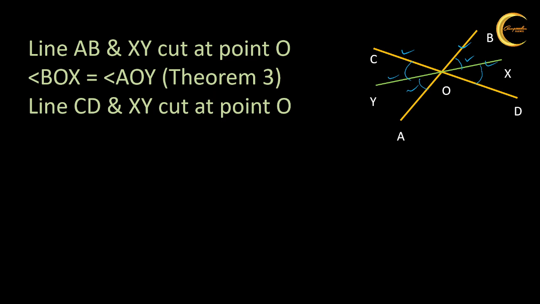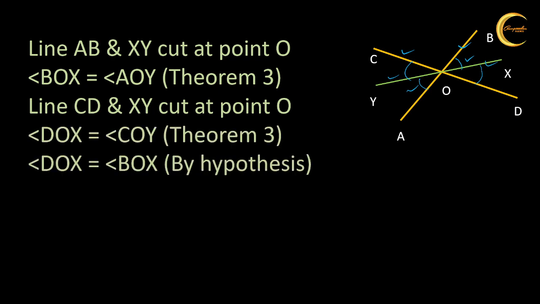Okay. Now there is a logic. These two angles, angle DOX and angle BOX, are equal. So if this angle is equal to this angle, and this angle is equal to this angle, then these two angles should be equal.